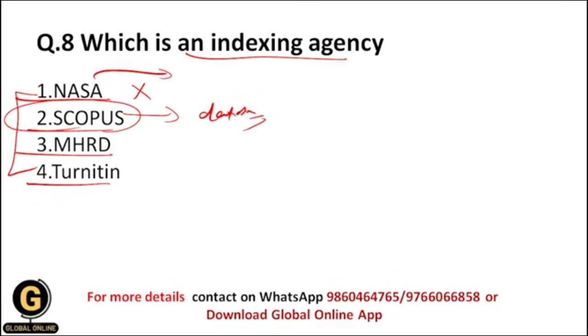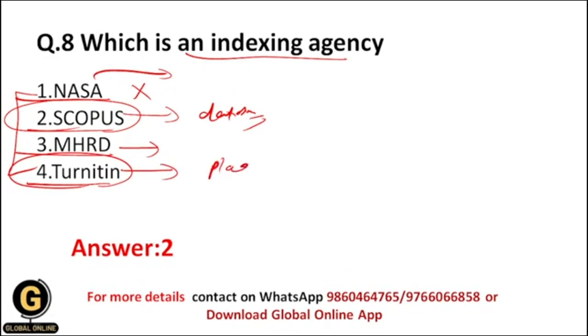Okay, because Scopus is going to help you for indexing your journals, and that's why your correct answer should be 2 over here. And MHRD, all of you are well known about MHRD. This is the Department of Higher Education, and it is responsible for the overall development of basic infrastructure of the higher education sector, right? And Turnitin, as we have seen earlier in yesterday's video, Turnitin is plagiarism detection software.